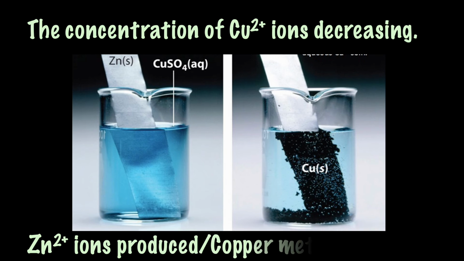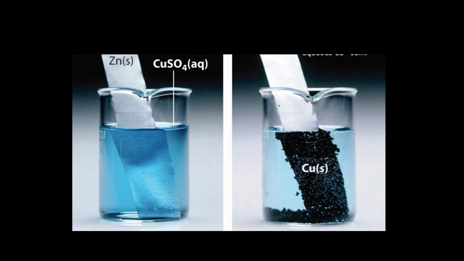Jika observation kamu tulis zinc dissolved, maka inference kamu ialah zinc ions produced. Manakala jika observation kamu tulis black solid deposited at zinc, maka inference kamu ialah copper metal is produced.